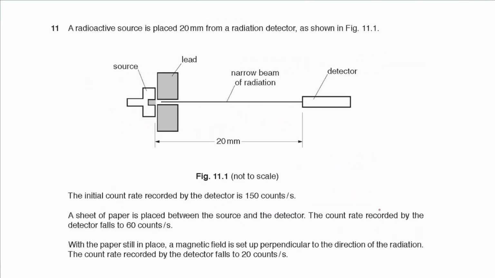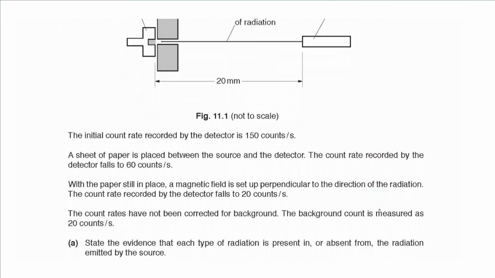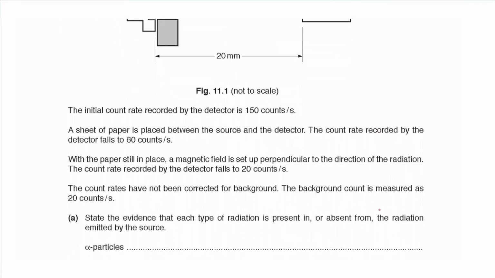Question 11 says a radioactive source is placed 20 millimeters from a radiation detector as shown in figure 11.1. The initial count rate recorded by the detector is 150 counts per second without anything between the detector and the source. A sheet of paper is placed between the source and the detector. The count rate recorded by the detector falls to 60 counts per second, so the change here is 90.